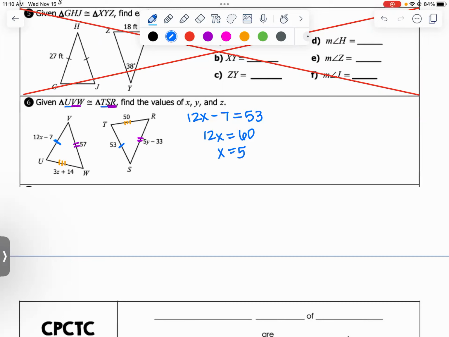So x equals 5. Okay. Since we know those purple segments are congruent, then we can write that 5y minus 33 equals 57. Yeah? Do you agree with that statement?